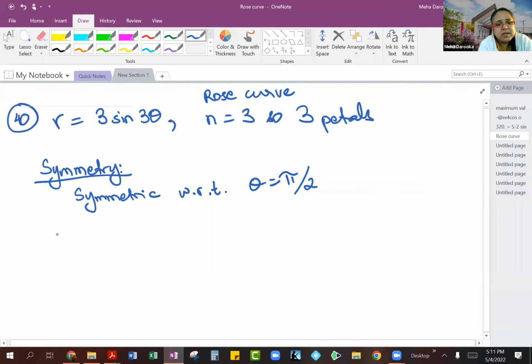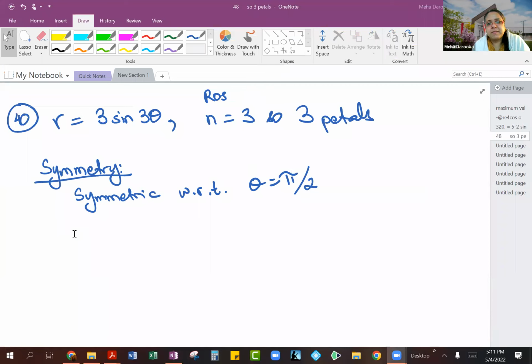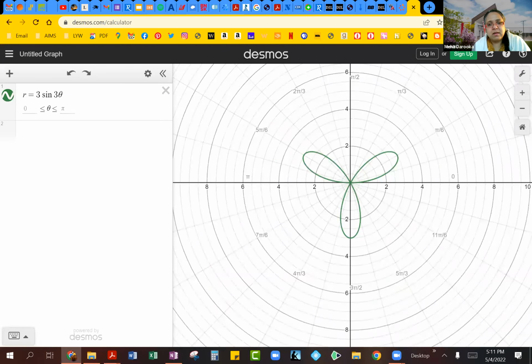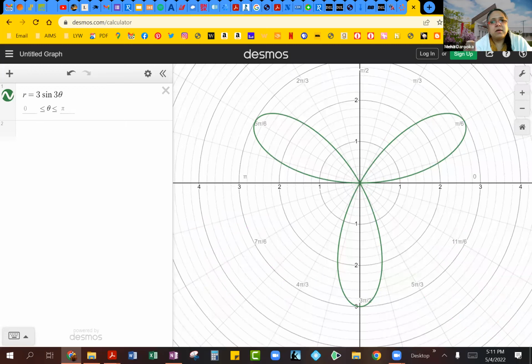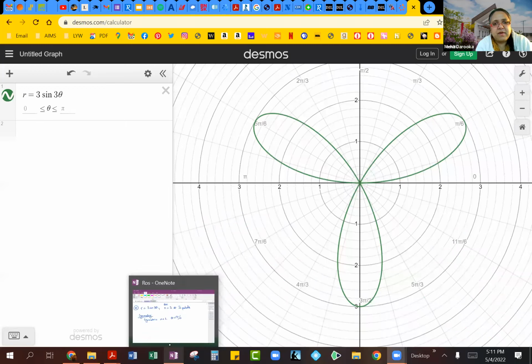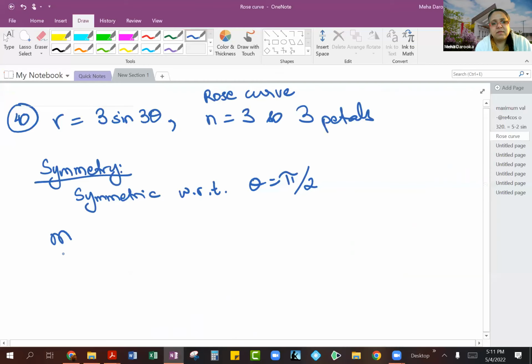So this one, okay. I kind of wish I had saved my values here now.